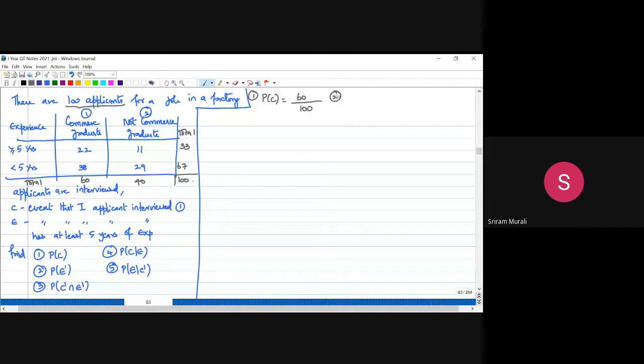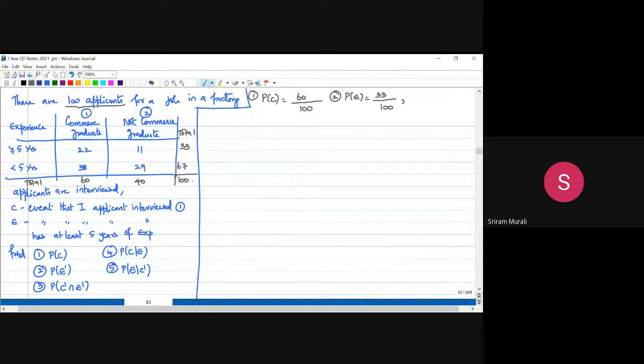Subdivision 2. We want to find the probability of E complement. First, what is the probability of E? Then I shall find E complement. E is the event that the first applicant interviewed has 5 years of experience. In 100, how many of them have minimum 5 years experience? 33.